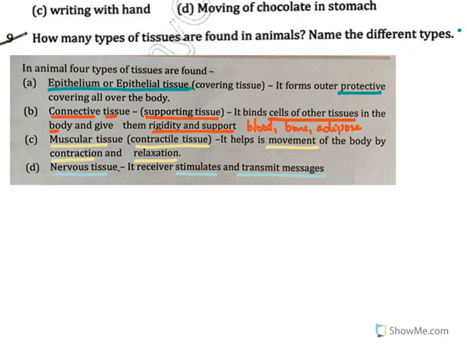Now remember, the nervous tissue is present in the brain. It is present in the spinal cord and in the nerves. The nerves connect the different parts of our body to the brain and the spinal cord, and they carry messages to and fro.